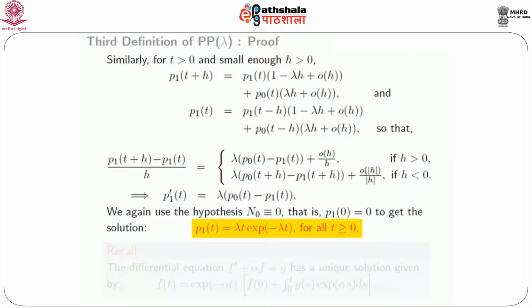The point is that now if you let h go to 0 plus, then you have to look for the limit of the first expression on the right hand side, and if h goes to 0 minus, then you have to find the limit of the second expression on the right hand side.